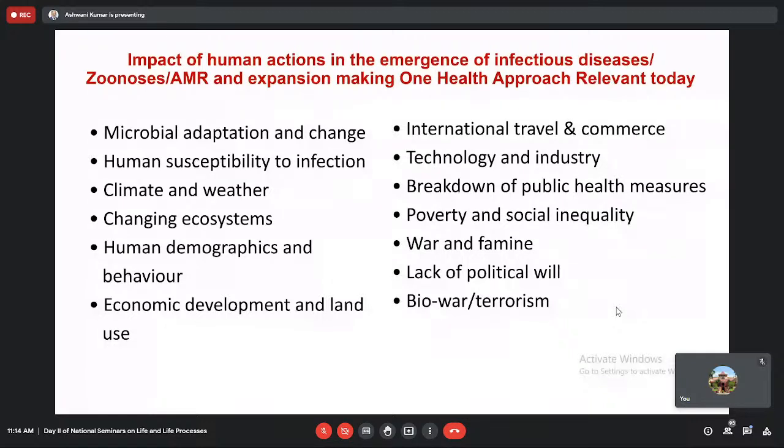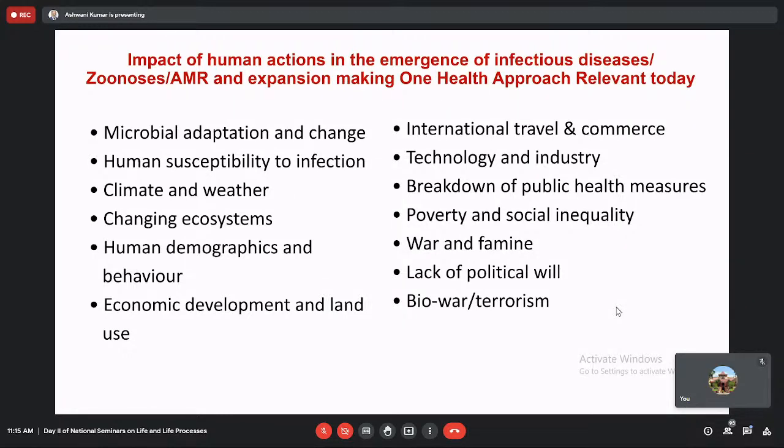And of course, the economic development and land use pattern, which keeps evolving and changing due to economic development, also has an adverse effect on ecological changes overall.